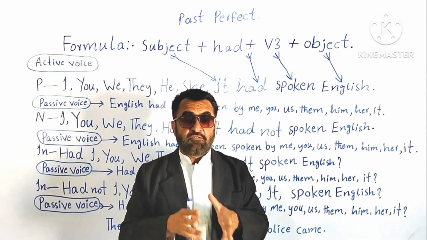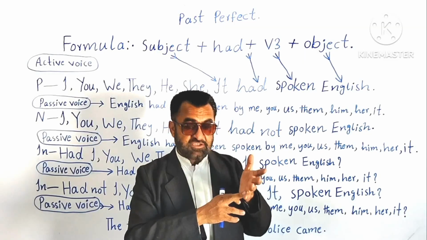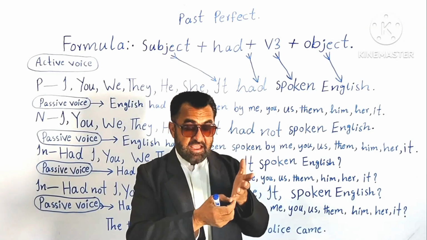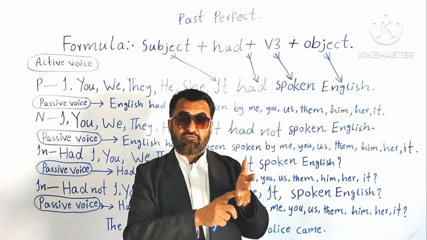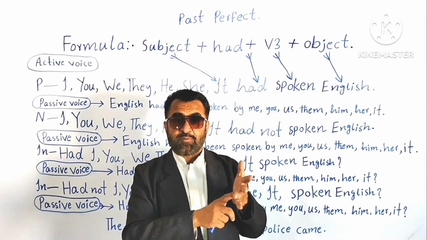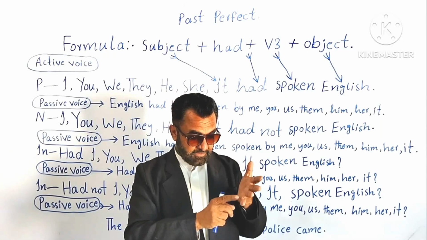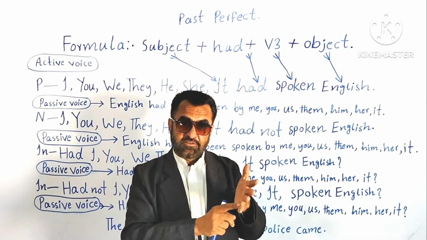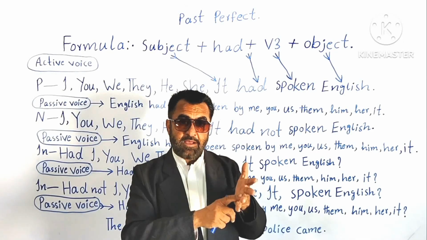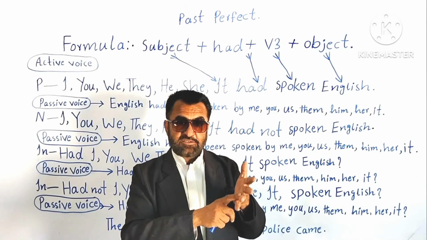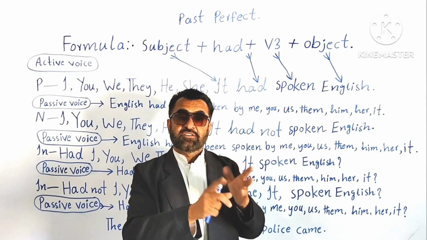The formula for the passive voice is this: first of all your subject, then had been, then main verb, the third form of the verb, or you can say past participle, then your object. Once again, subject plus had been plus main verb, V3, past participle, or third form of the verb, then your object.